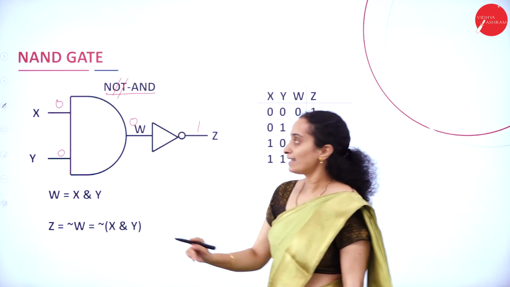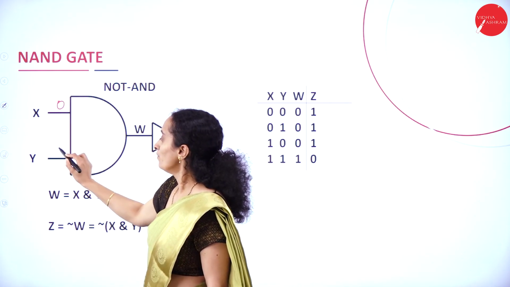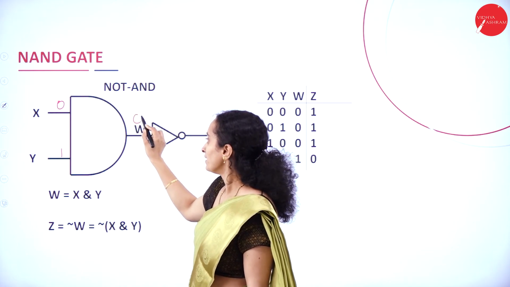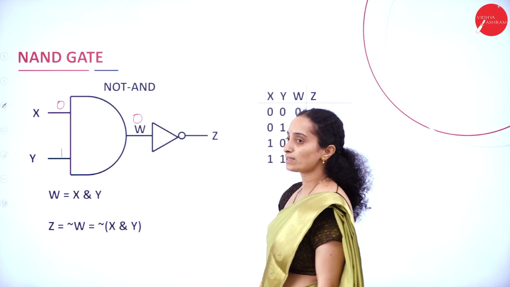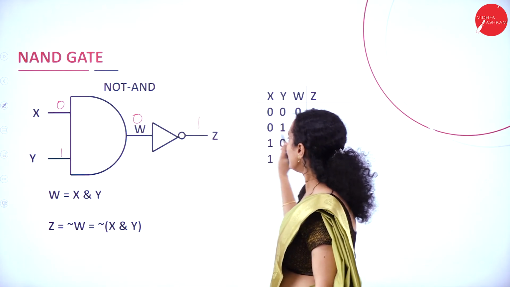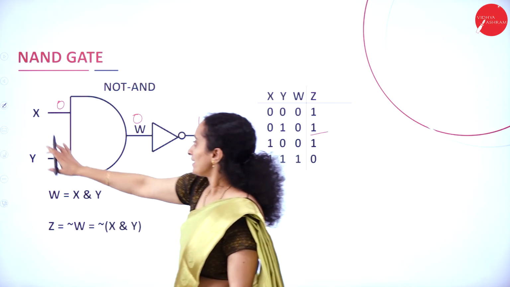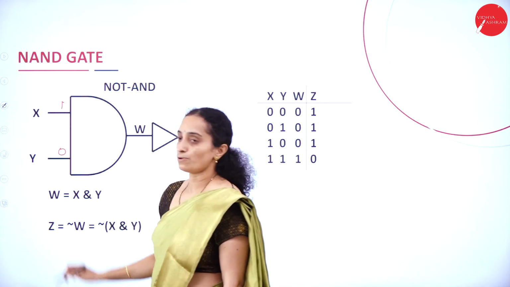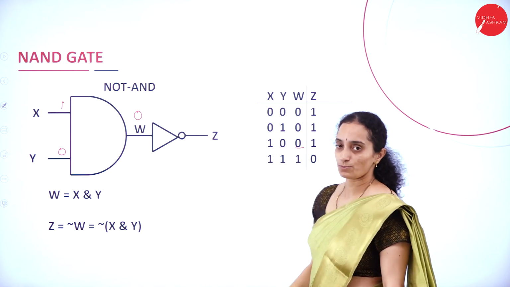Okay. The second case is, if you take X as 0 and Y as 1, the result will be 0. When it passes through the NOT gate, you will get again 1, isn't it? The next, when you have X as 1 and Y as 0, again W will be 0.